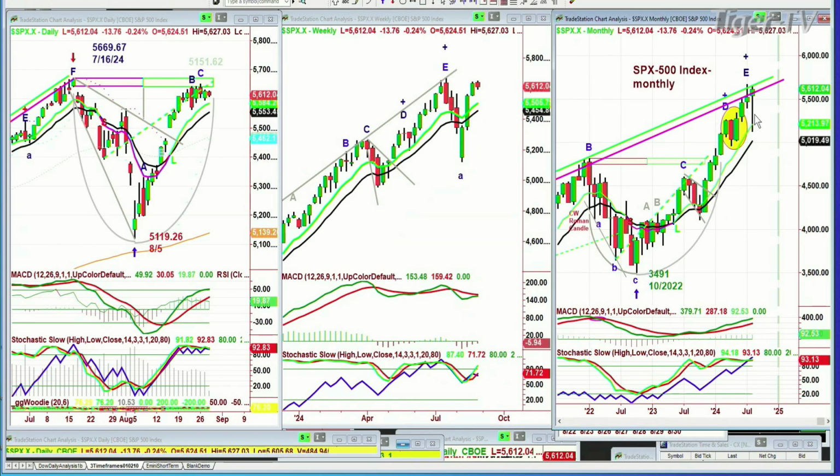That makes the following month really important, because we'll talk about the wick. If it goes below that wick on any day, I'll probably make it a week because it's a monthly chart, that says you can go back to the lows. If there is a move above it the following month, that is very positive.